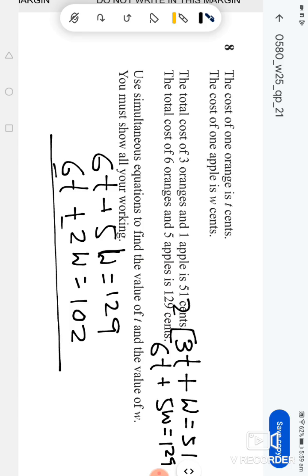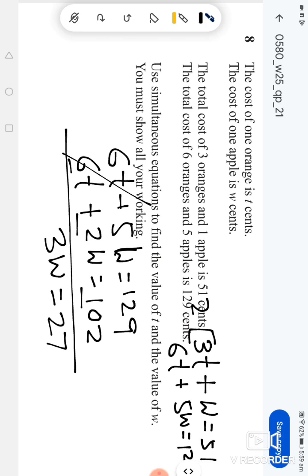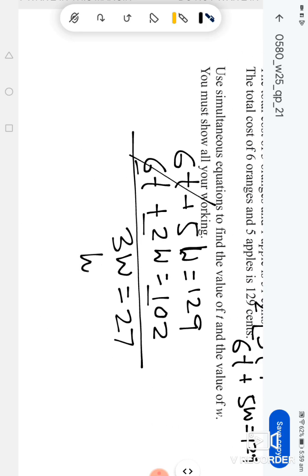So subtract: equation 2 minus equation 1. So minus, minus, and this minus, so that just cancels. 5 minus 2, 3W. 9 minus 2, 7, and 2. So W is equal to 9.